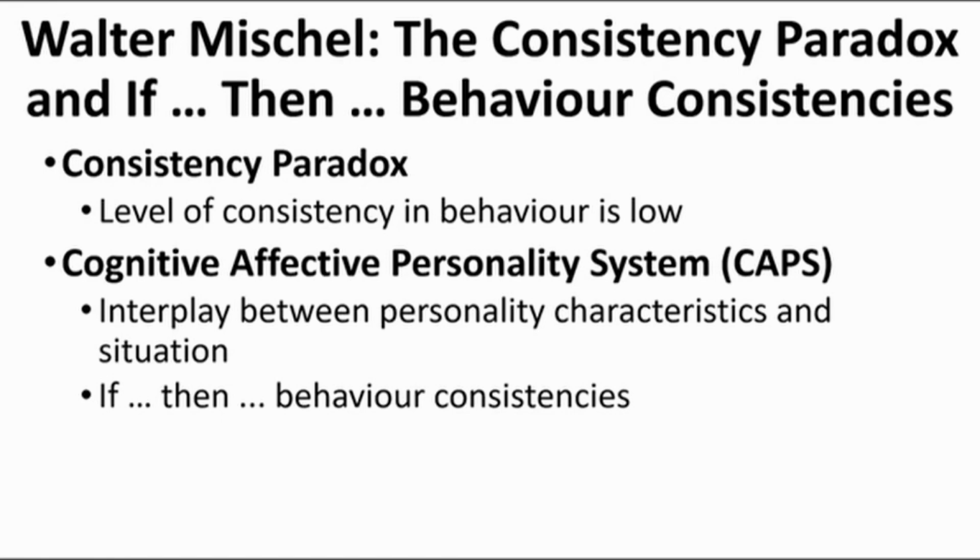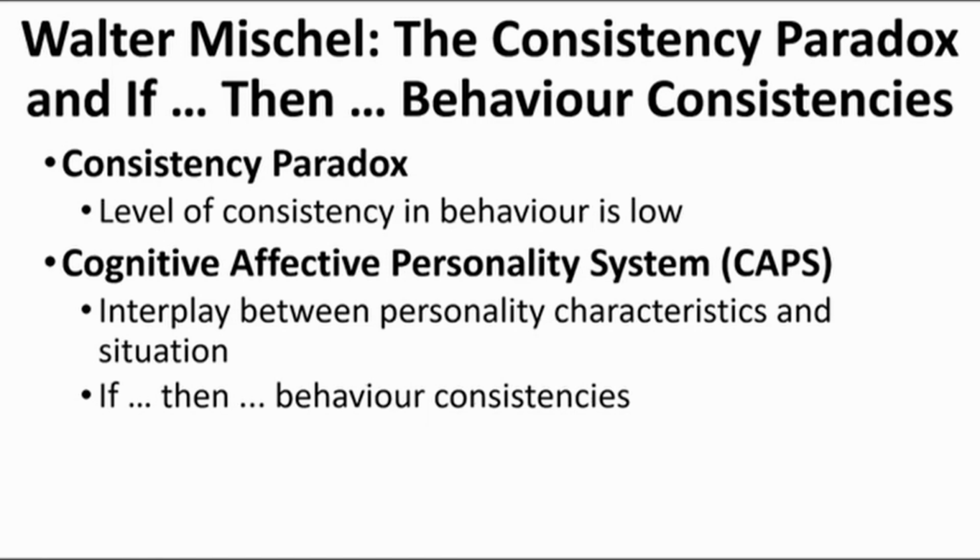This view said that there's a dynamic interplay between the characteristics that a person is bringing to the situation, so their beliefs, their goals, their expectancies, their self-regulatory processes, all of the stuff that this person has and is, and the specific characteristics of the situation.